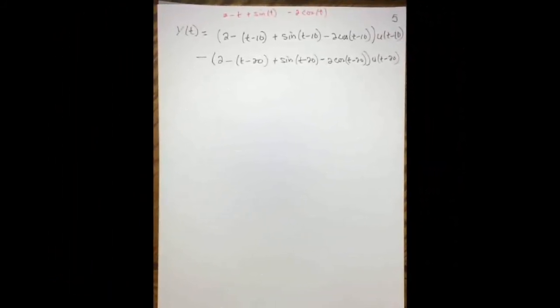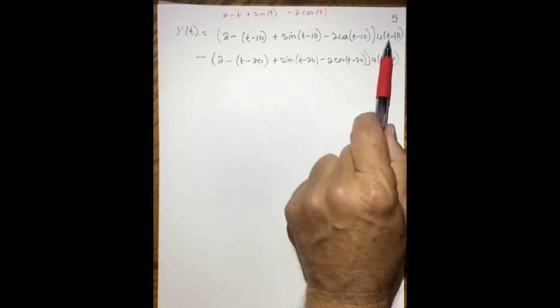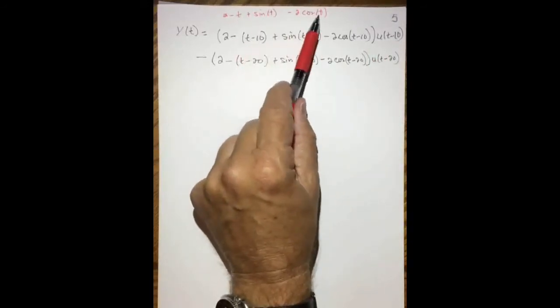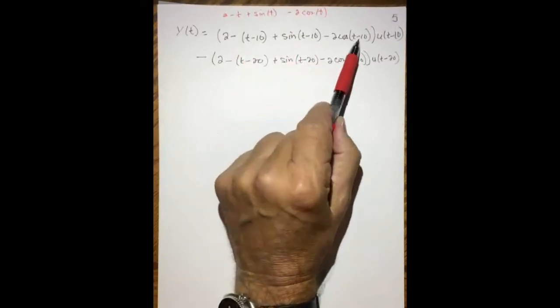Okay, from the previous page, if we took the inverse transform of what we got in the partial fraction decomposition, we would get this in red. But now see, remember we had an e to the minus 10s. That means it's going to be stepped. The e to the minus 10s is going to generate this in the solution. So we need to take this expression, and everywhere we have a t, put t minus 10.